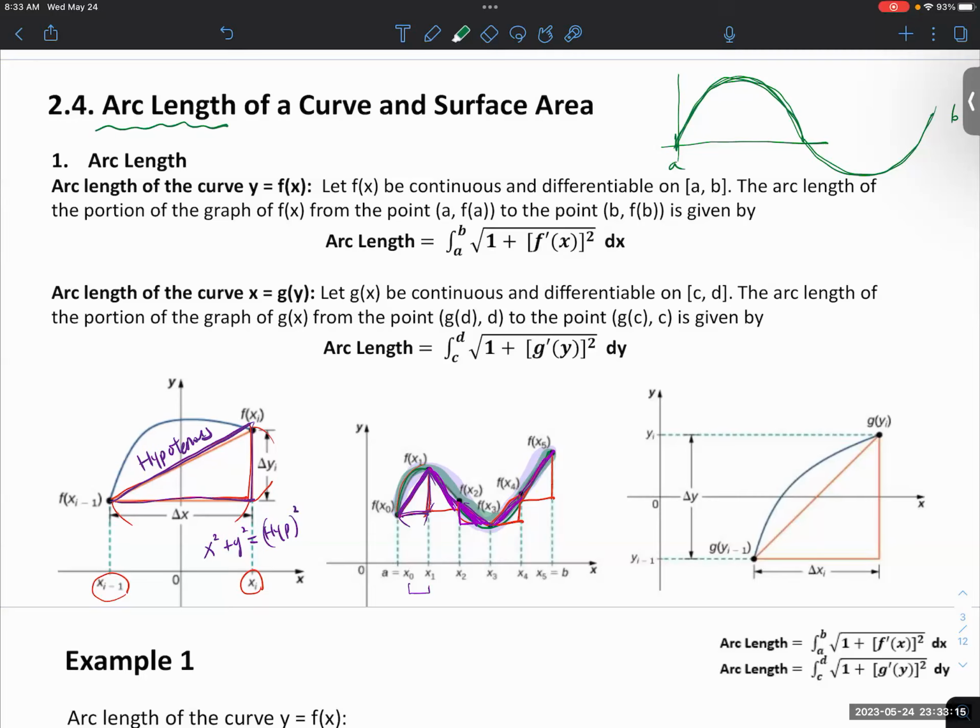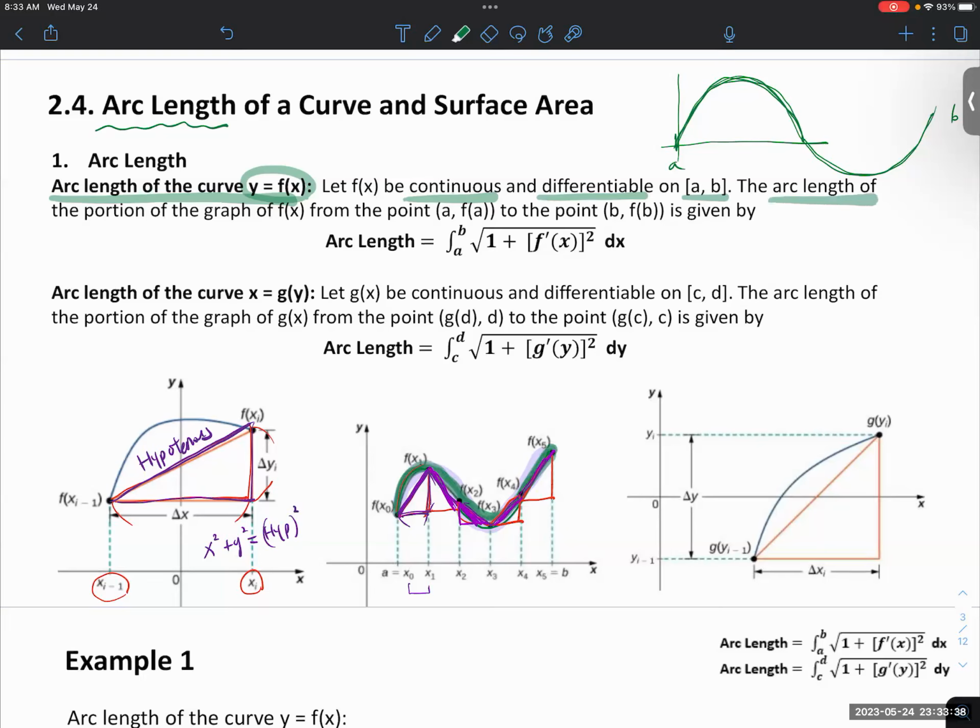So here is the formula. To find the arc length of the curve, let's say you have a given function, f of x. And let's say this curve is continuous, there's no hole, there's no break. It is differentiable between a and b. I want to find the length of this arc, right?